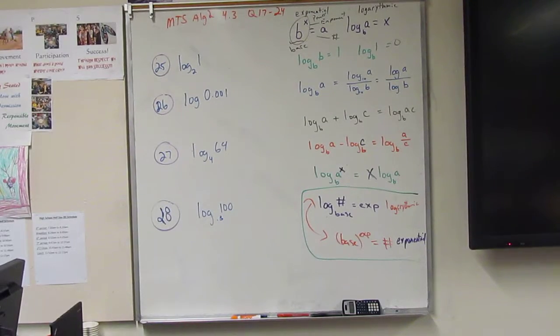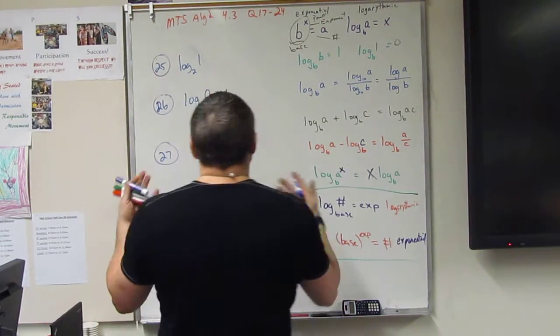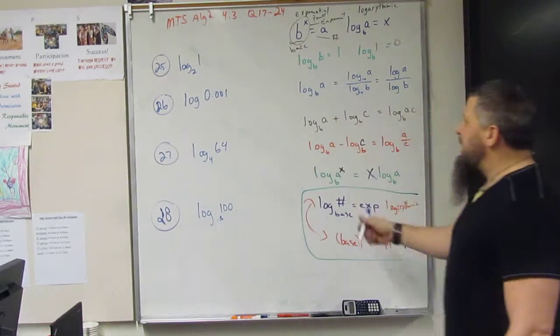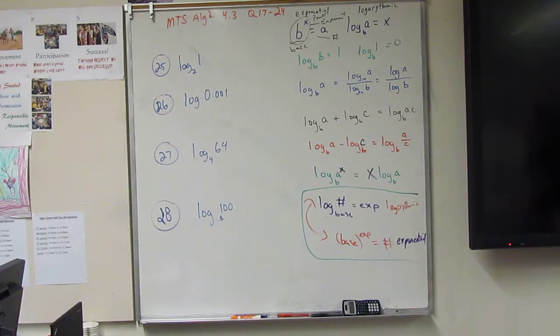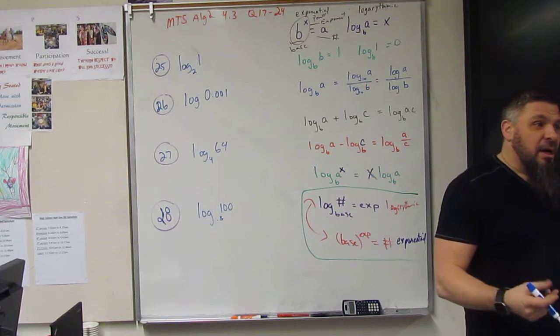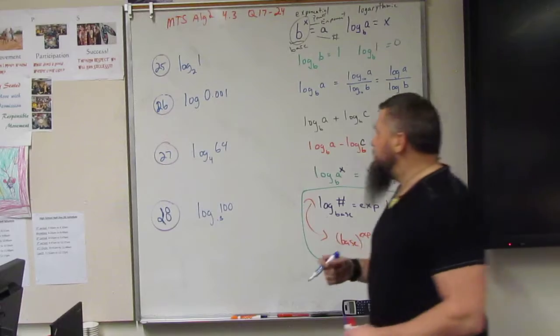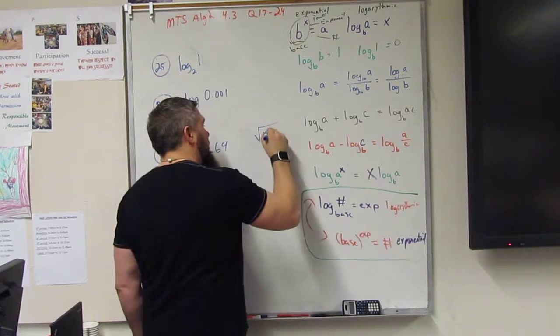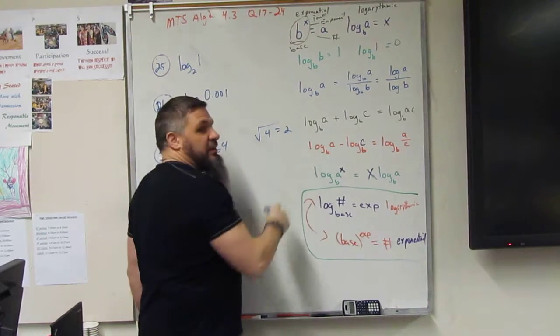Mental math is, we want to be able to do this in our head, right? Using our rules. Now, one rule I didn't go over was the base 10 rule, okay? Remember how the square roots, when I take a square root of 4, it's equal to 2, right?